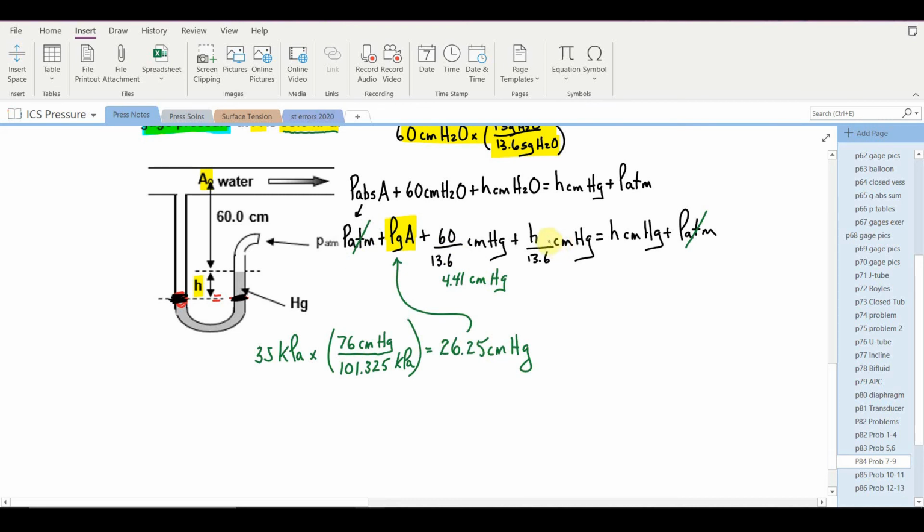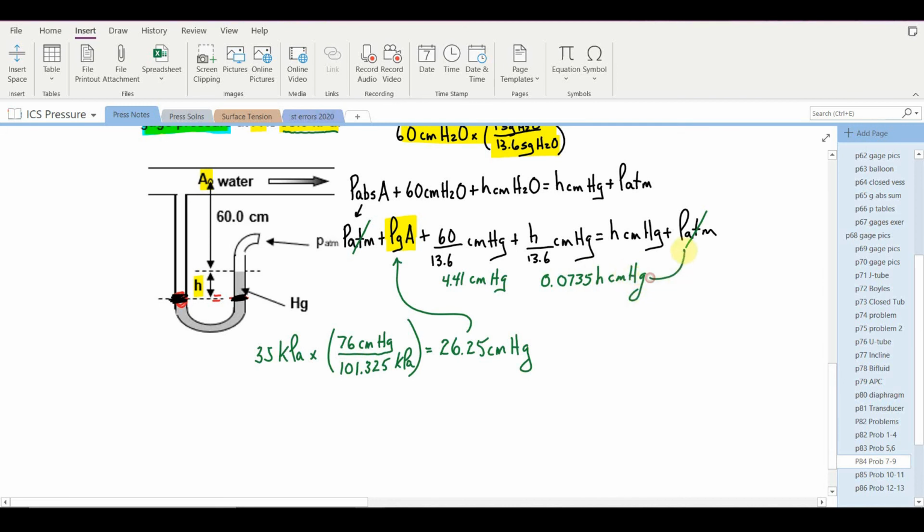You can bring this over. H over 13.6 is the same as 0.0735 times H centimeters of mercury.